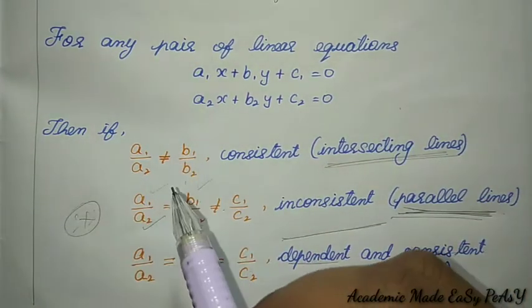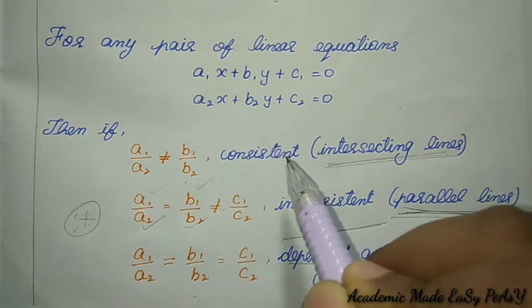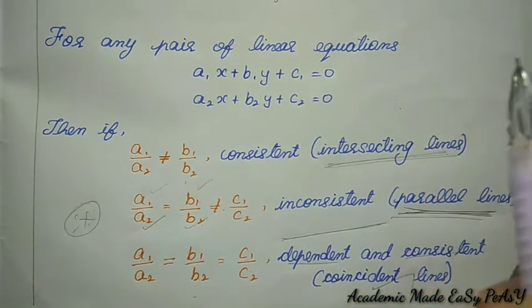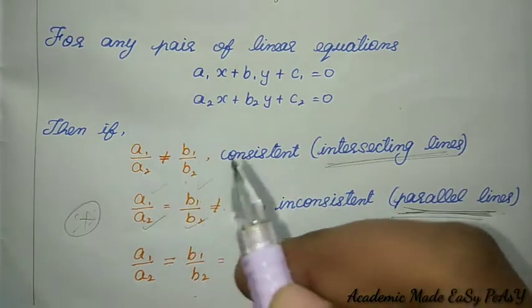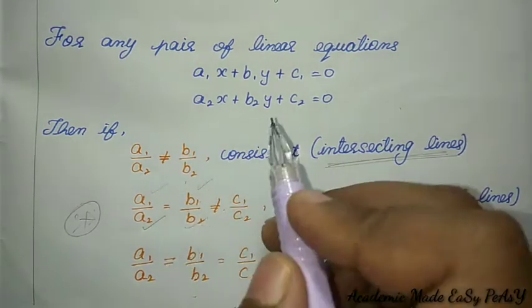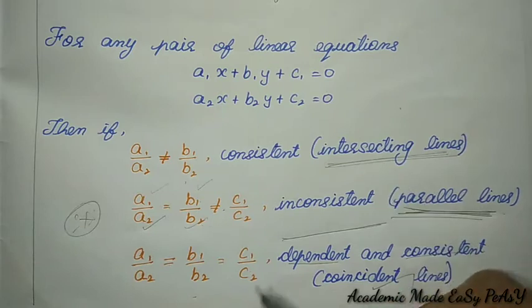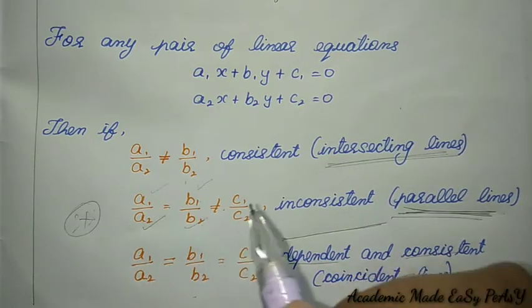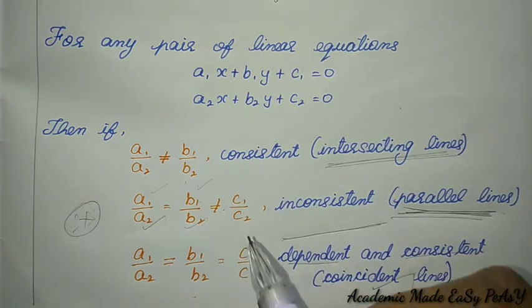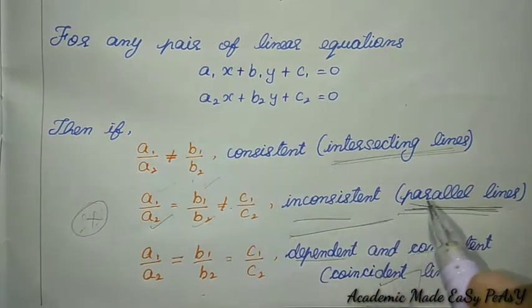If they both are not equal, then we will say that it is consistent and they meet at one point, that is, intersecting lines. If they both are equal, then we will move on to c1 by c2. If a1 by a2 equal to b1 by b2 is not equal to c1 by c2, then it is inconsistent and parallel.